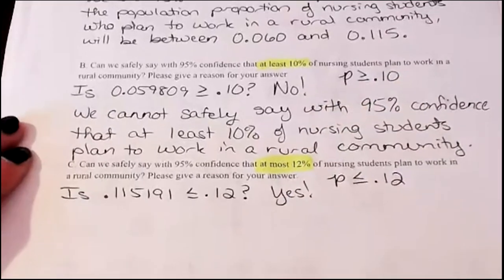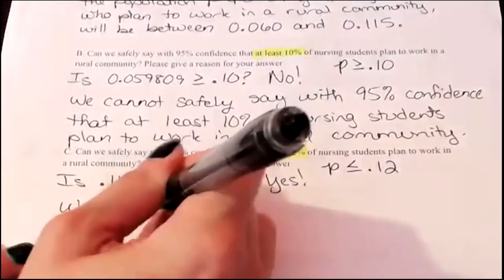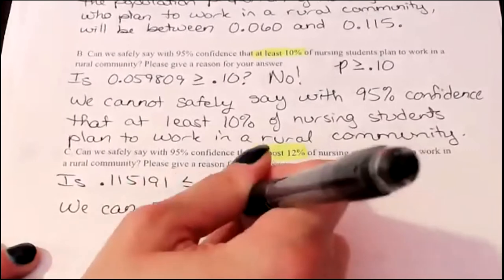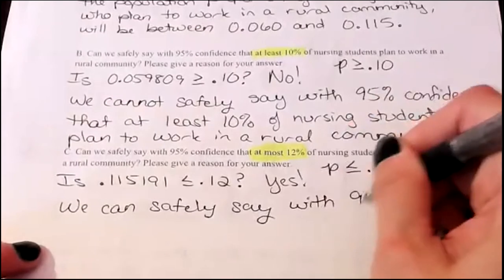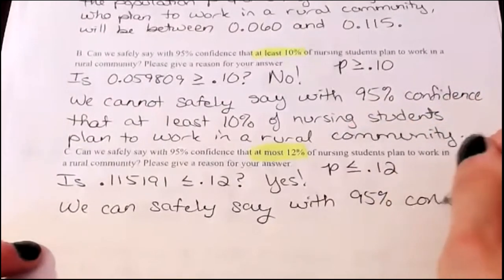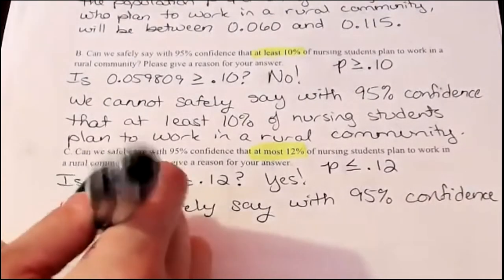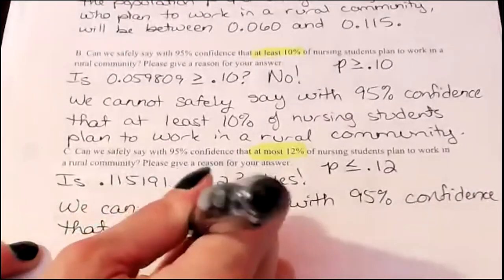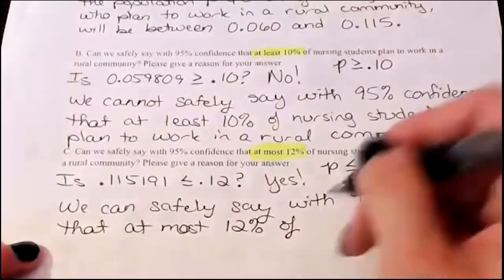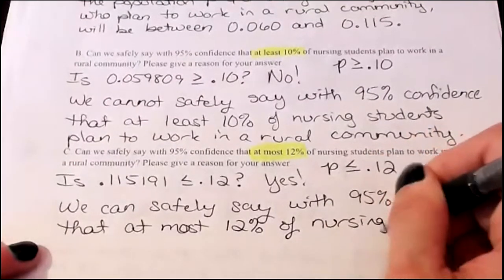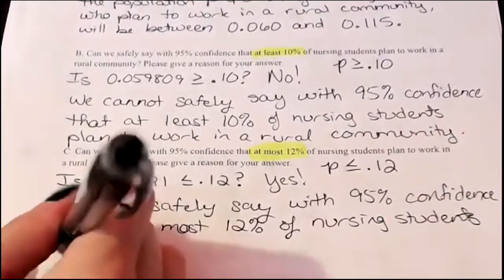So because this is in fact the case, we can safely say with 95% confidence that at most 12% of nursing students, and we finish the statement, plan to work in a rural community.